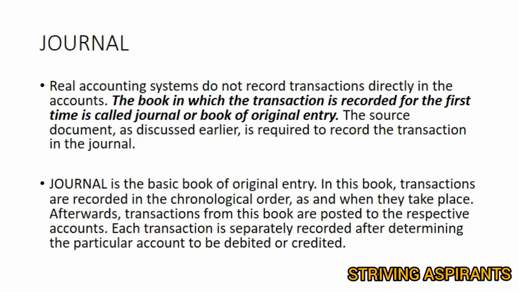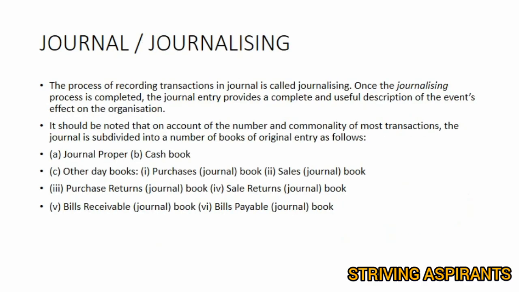In this book, transactions are recorded in chronological order as per the date, as and when they take place. After entering all these transactions, they are posted to the respective accounts. The process of recording a transaction in the journal is called journalizing.